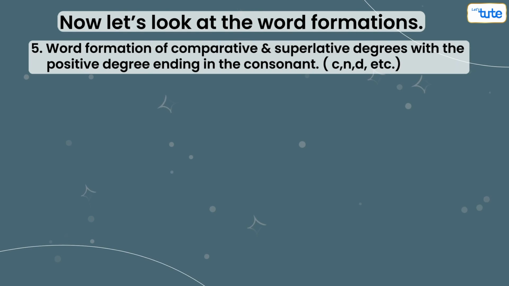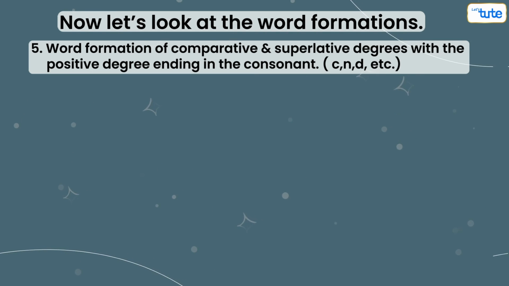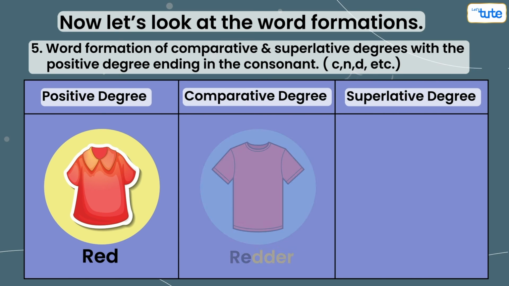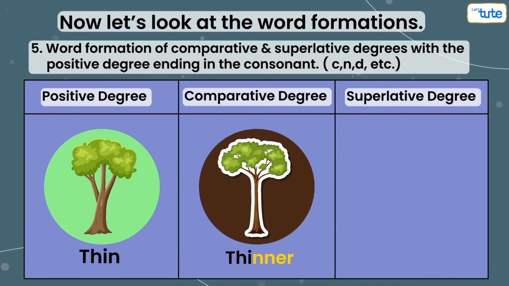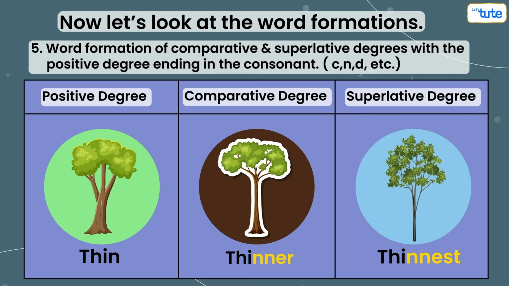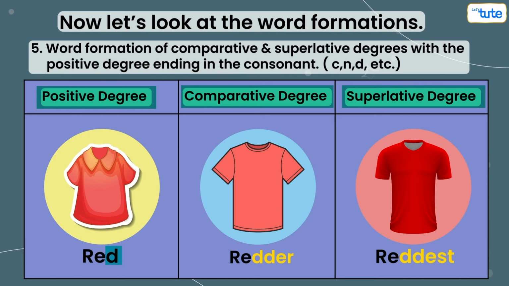Word formation of comparative and superlative degree with the positive degree ending with a consonant, with the consonant doubled. Positive red, comparative redder, superlative reddest. Positive thin, comparative thinner, superlative thinnest. In this word formation, the positive degree ending with a consonant letter is changed into a comparative and superlative degree by doubling the consonant letter, such as d, doubling dd, followed by er and est.